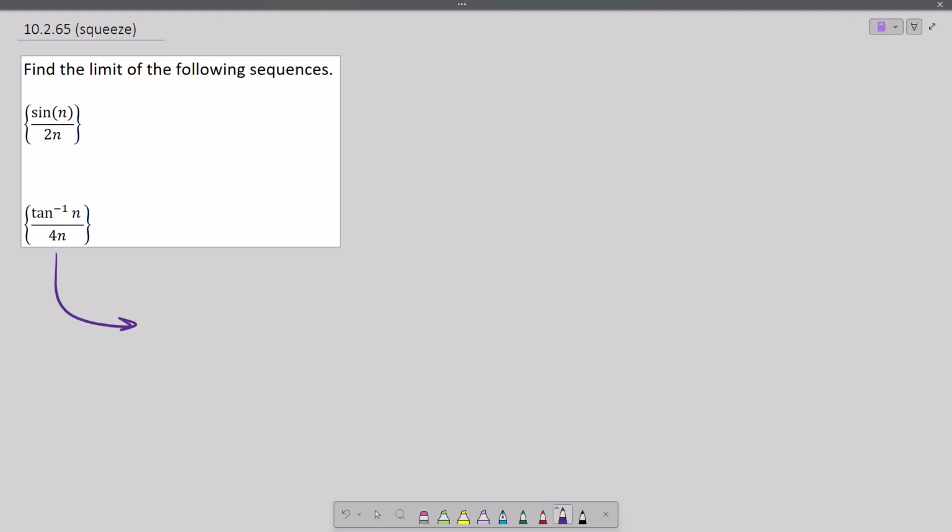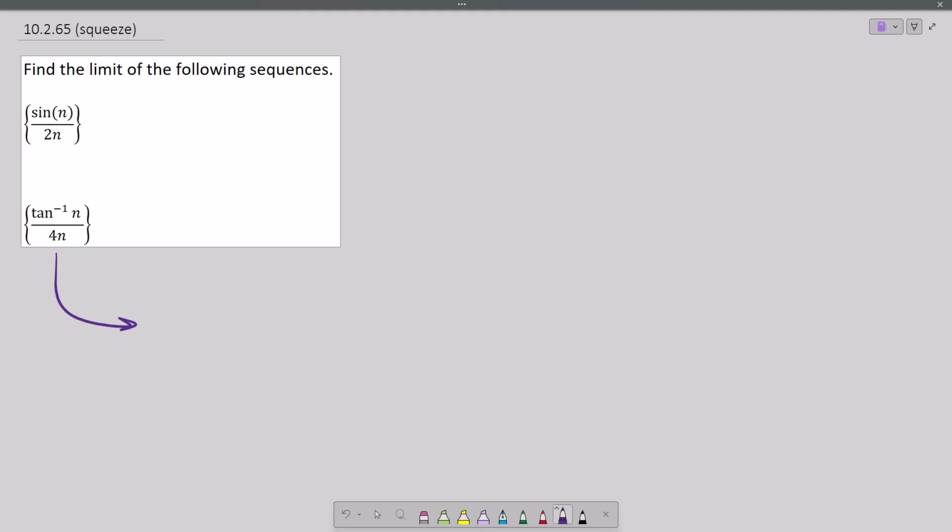Arctangent approaches pi over 2, so this one has a limit and you don't need the squeeze theorem. This one doesn't have a limit, so you have to use the squeeze theorem. But regardless, if the numerator is a bounded function, we can use the squeeze theorem.